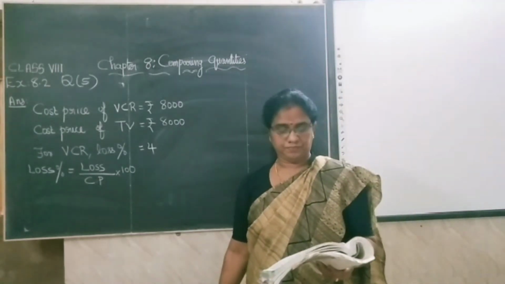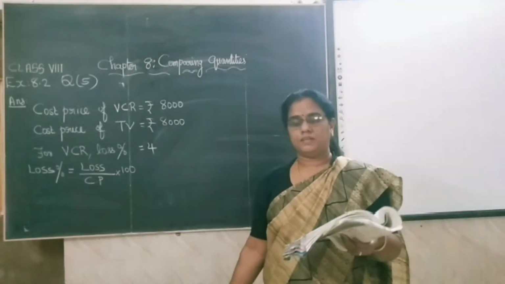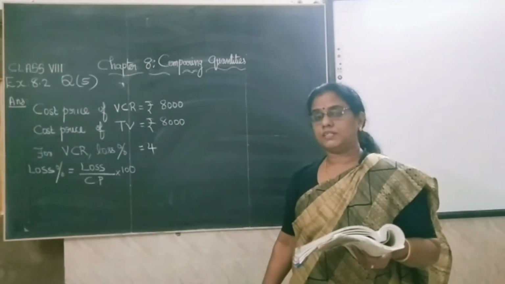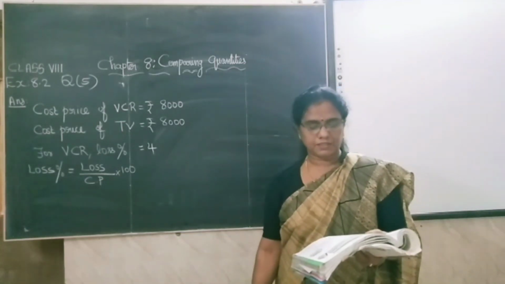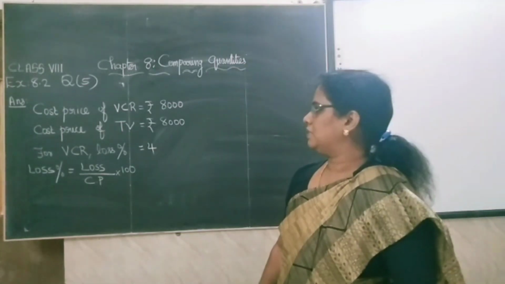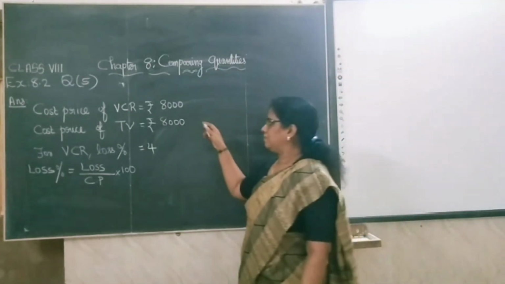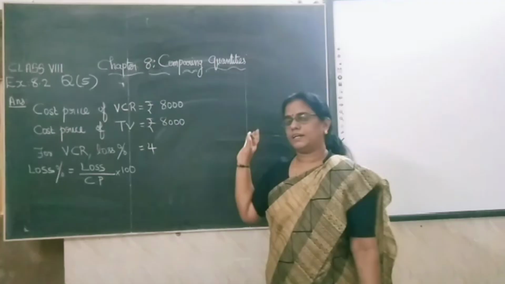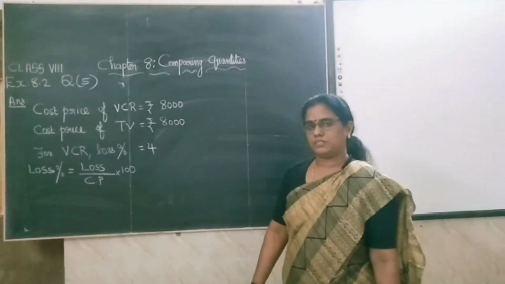So here, cost price, that is a VCR and TV bought for 8,000 each. That means cost price of each item is 8,000. So it is written here, cost price of VCR, that is rupees 8,000, and cost price of TV is also rupees 8,000.